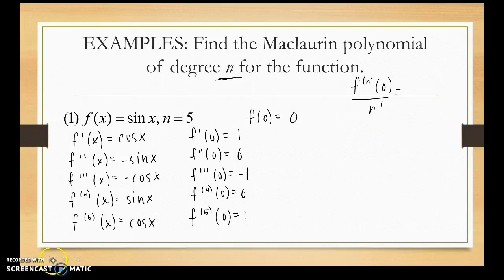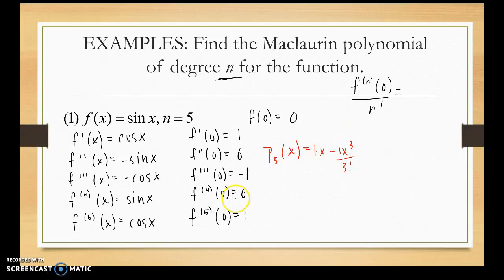So now when we put it back together, the 5th degree polynomial approximation, f of 0 is 0. So look at where I start. I start at my coefficient of x. So this would be 1 times x. Now my next value would be the third derivative, so minus 1 x cubed, and then I have to make sure that I divide by n factorial.